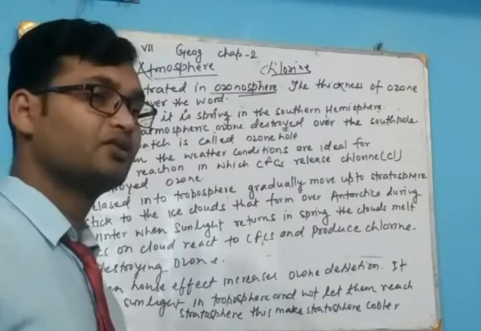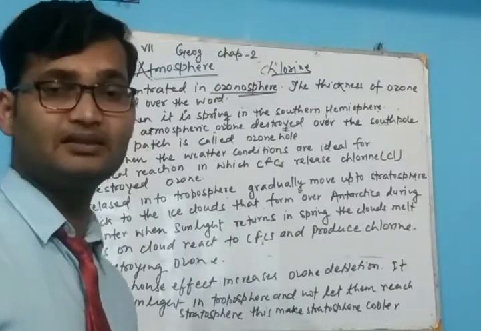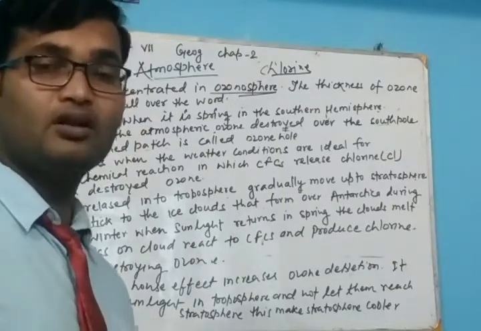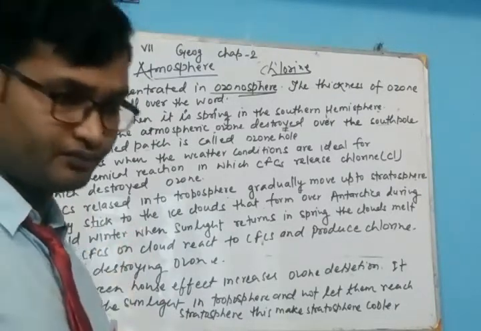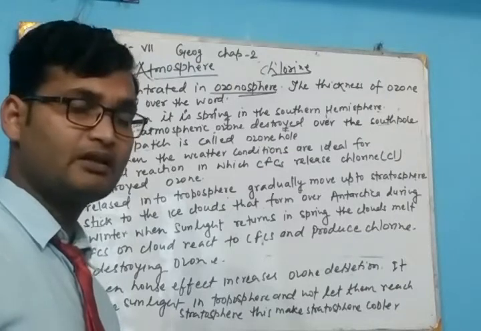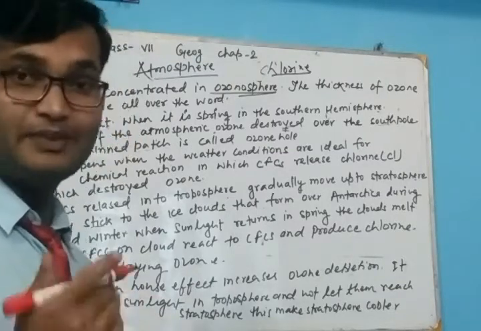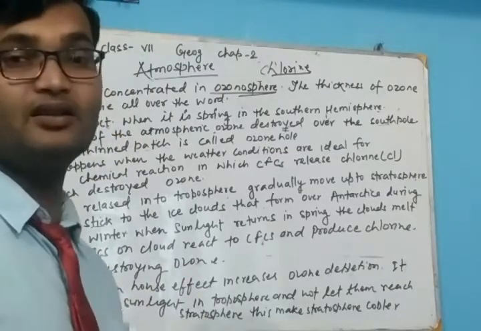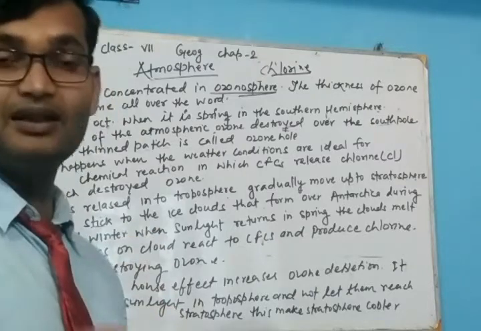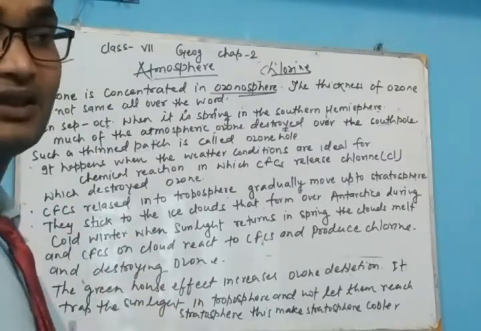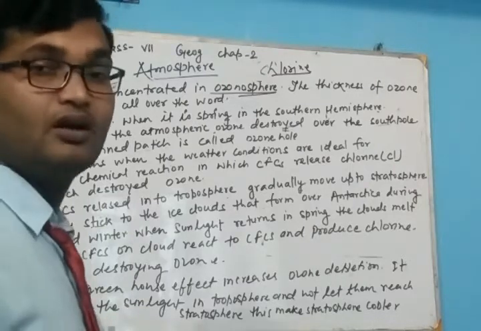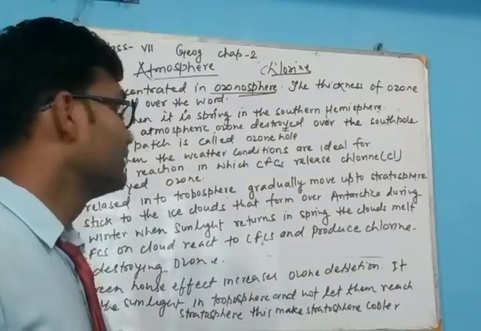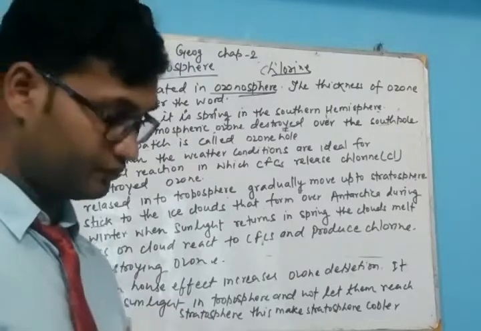The question is asked, why does the South Pole deplete in the winter season? The South Pole has a very thin ozone layer. Simply, in the spring season, when the spring season is found in the southern hemisphere, meaning South Pole, Antarctica, then it is formed.